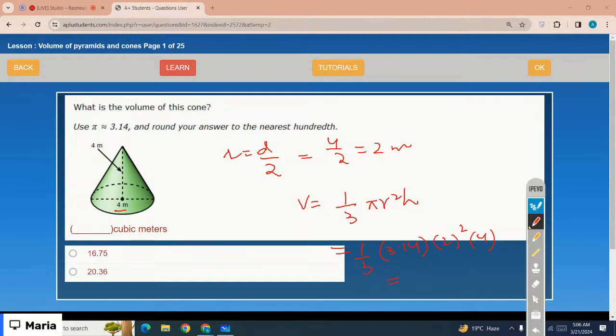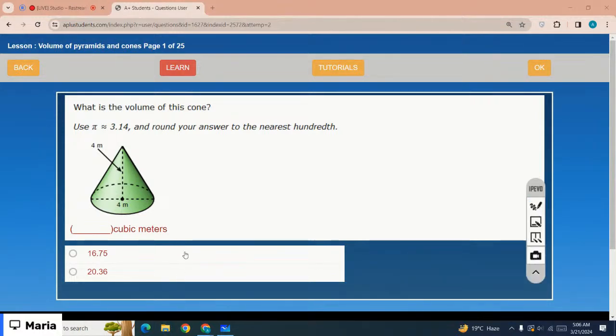The correct option is 16.75. Option number 1 is the correct option, that is 16.75. Got it?